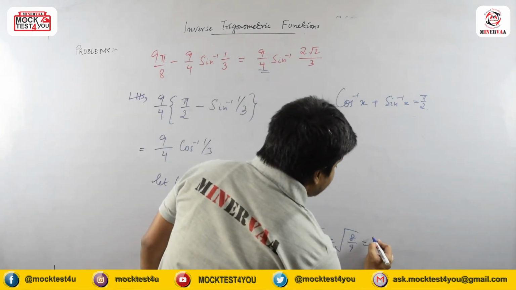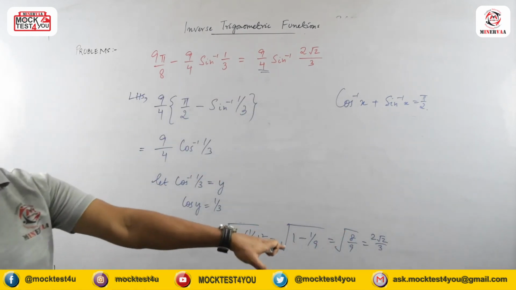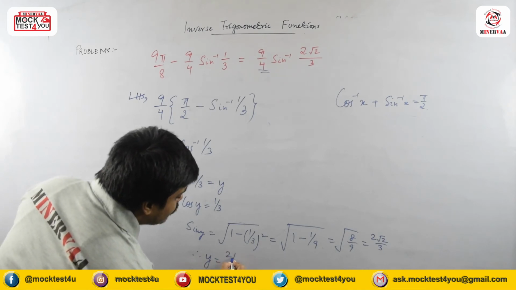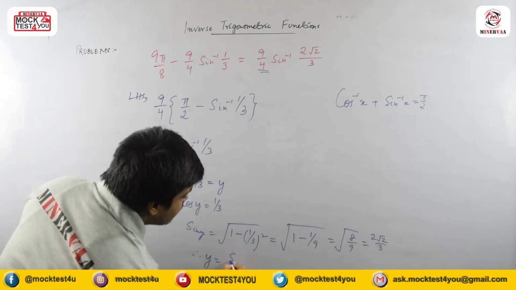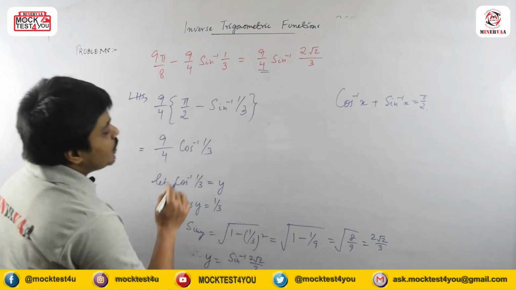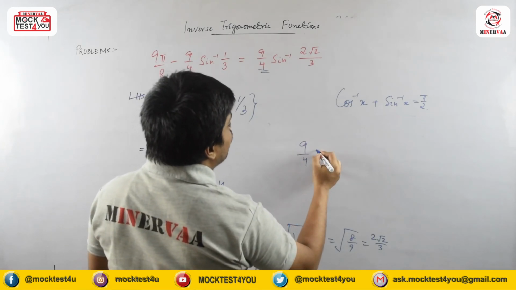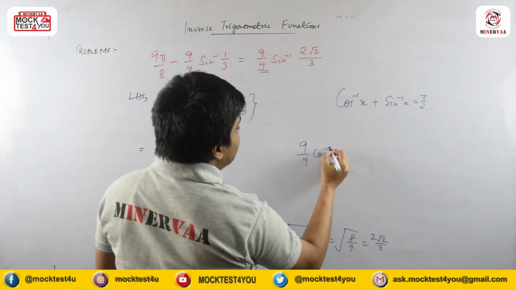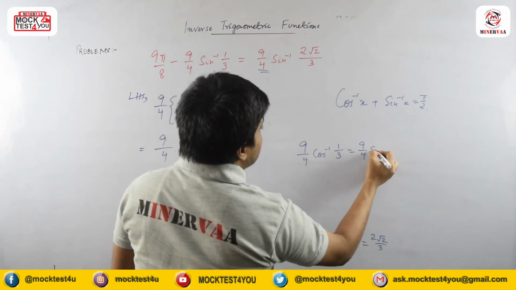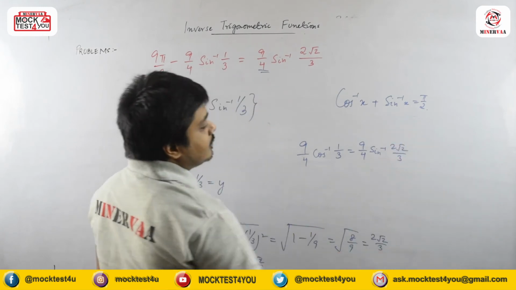So we are getting 2 root 2 by 3. So sin y is equal to 2 root 2 by 3. Therefore y is equal to sin inverse 2 root 2 by 3. So here we can write the answer that 9 by 4 cos inverse 1 by 3 is equal to 9 by 4 sin inverse 2 root 2 by 3.